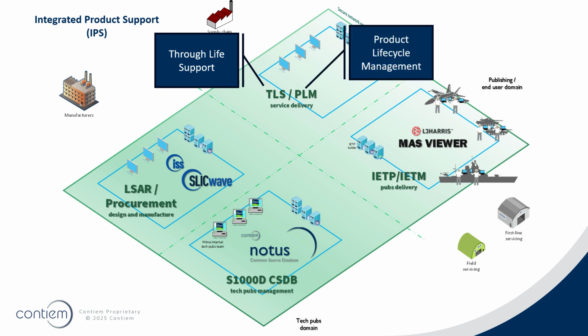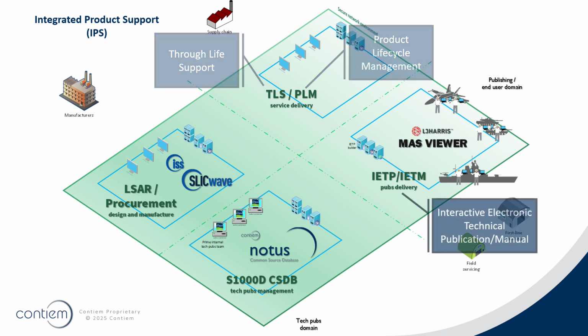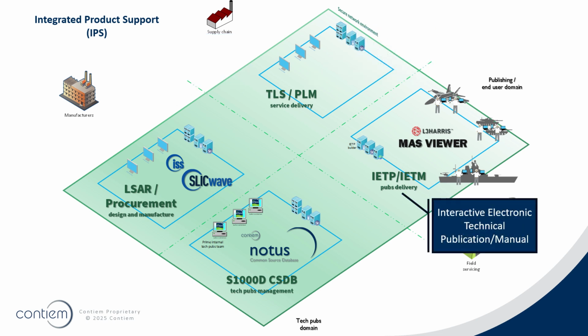These 2 are just different terms for the same practice, which is maintaining the product during its operational life. And then finally, we have our interactive technical publication, also sometimes known as an interactive electronic technical manual. And this is a browser or viewer that's used to display all of our S1000D data for our end users.